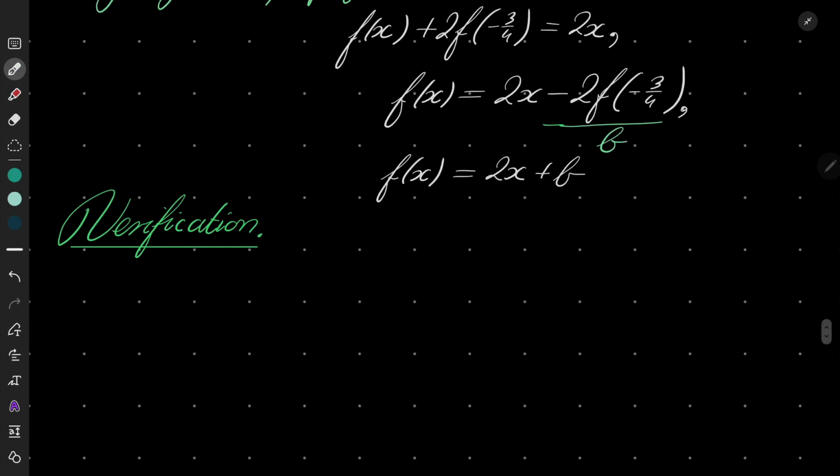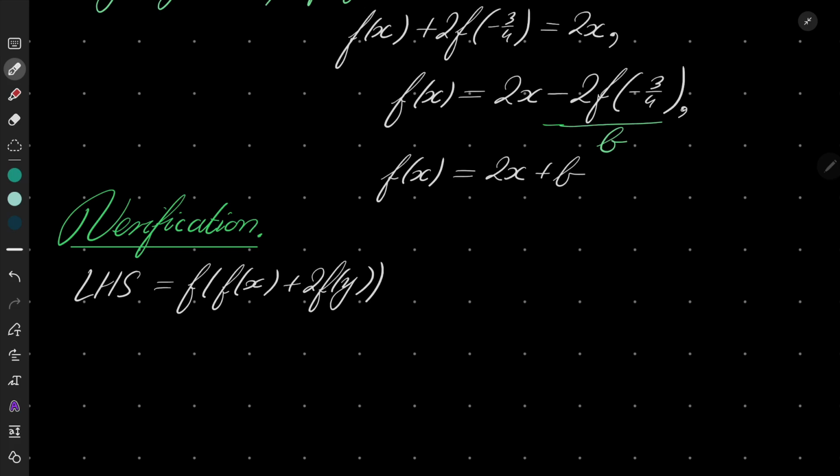So again, let's write our equation. Or you know what? Let's write left-hand side first. It was f of x plus 2 times f of y. And let's put the numbers. f of x is 2x plus b. 2 times f of y is 4y plus 2 times b.